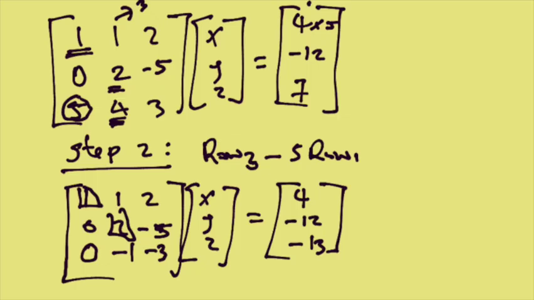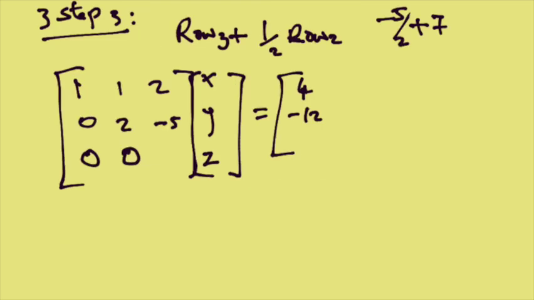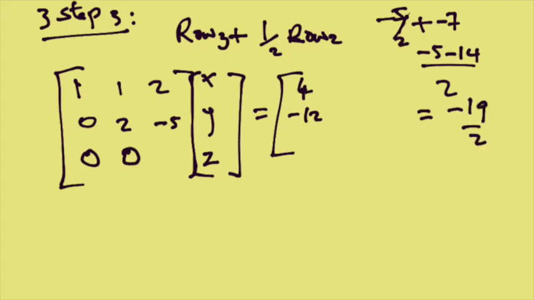This is negative 7, not 3. So 5 halves minus 7, that would be 5 minus 14, so I have negative 9 over 2. And then half of negative 12 is negative 6.